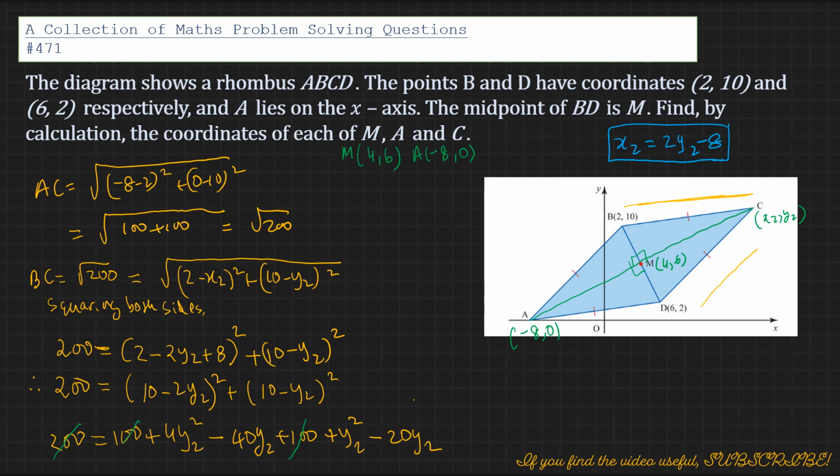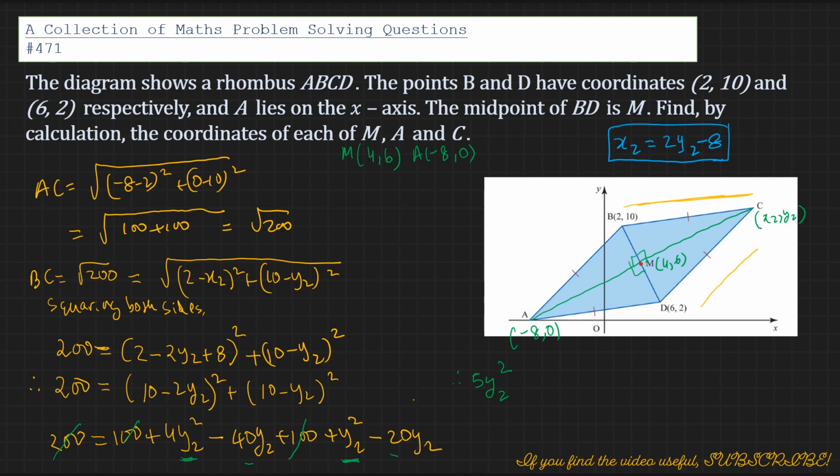So what we have is y2 square, 5y2 square, and minus 40 minus 20, that's minus 60. Not 40, sorry. Yes, we did this already, 5 we have already written.